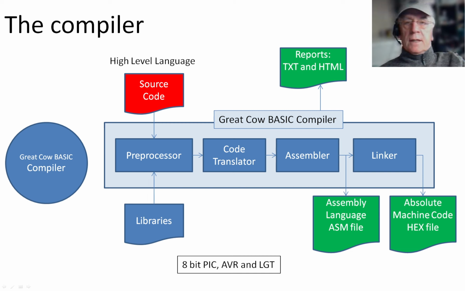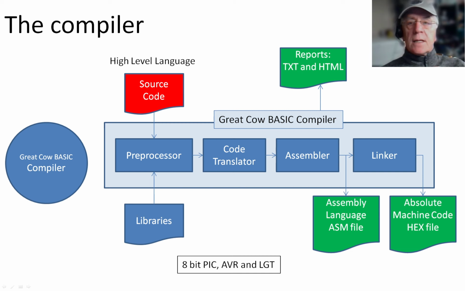The toolchain itself is a compiler that was started in 2013 by Hugh Constantine, and he has put a lot of hours into this to ensure that the quality is as high as possible. I've taken up the mantle more recently. But what does it do? It takes your source code and integrates it with the libraries through the preprocessor.